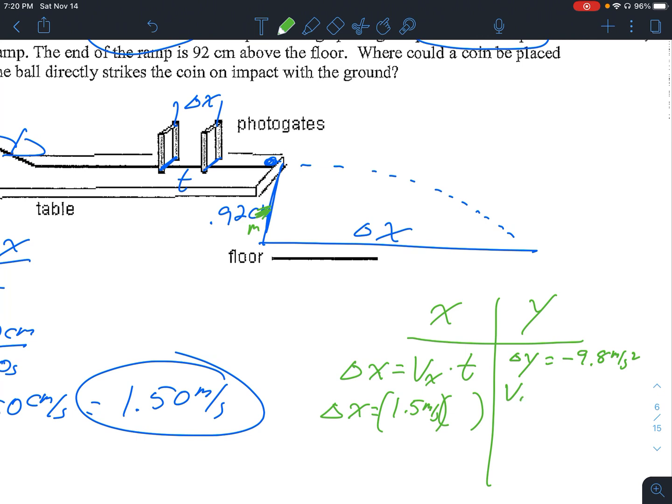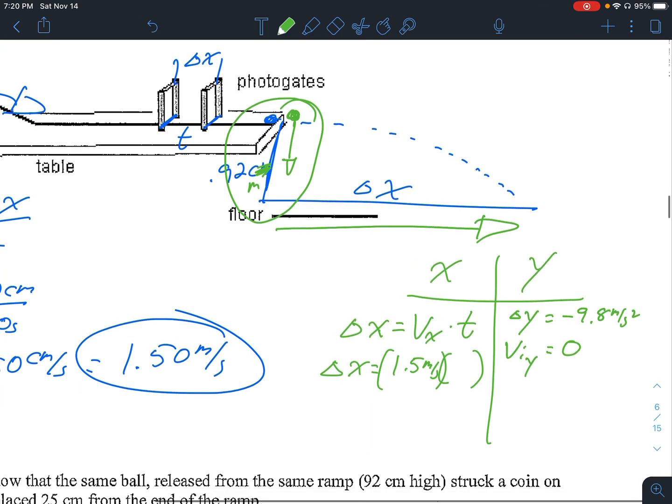We know our initial y velocity is 0 because it's moving horizontally in the beginning, and then it will start from essentially rest as we're falling, or you can look at it as just falling straight down from this moment. Whatever time it takes to fall straight down is the same time it has to go outward. Oops, filled in wrong information here.